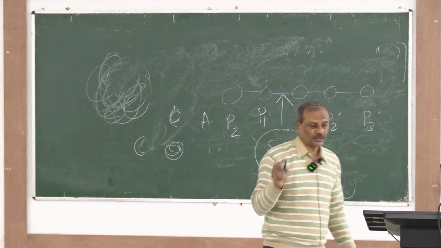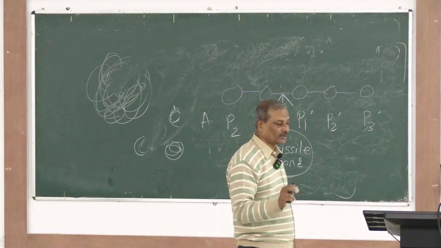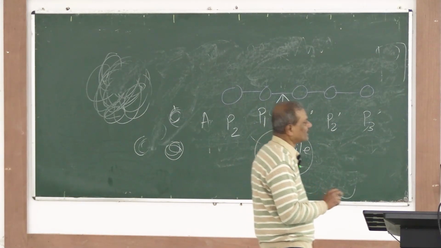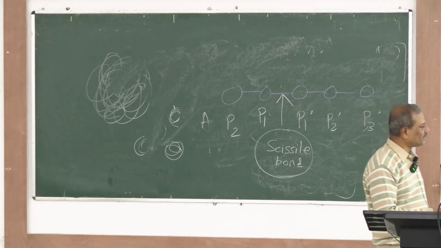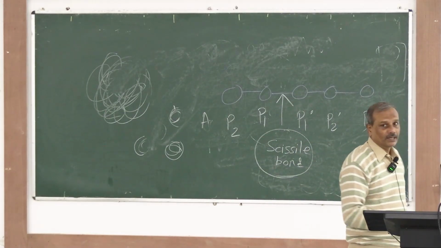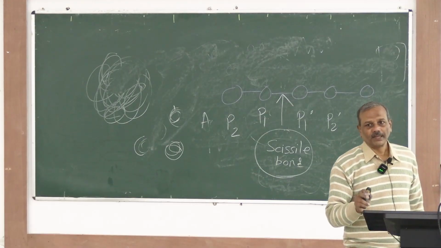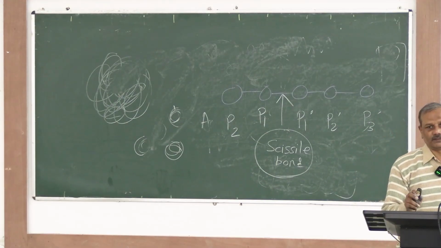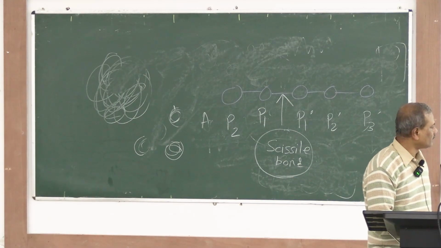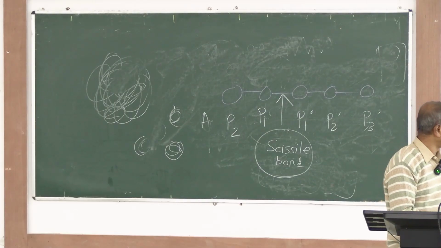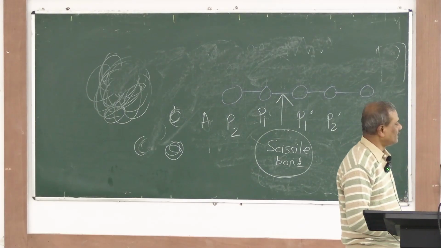So trypsin cleaves basic amino acids, chymotrypsin aromatic amino acids at the carboxyl side, and elastase small neutral amino acids like glycine, valine, and then serine, leucine, isoleucine.